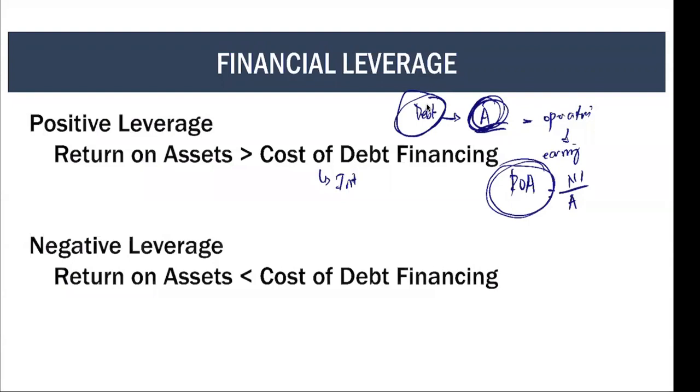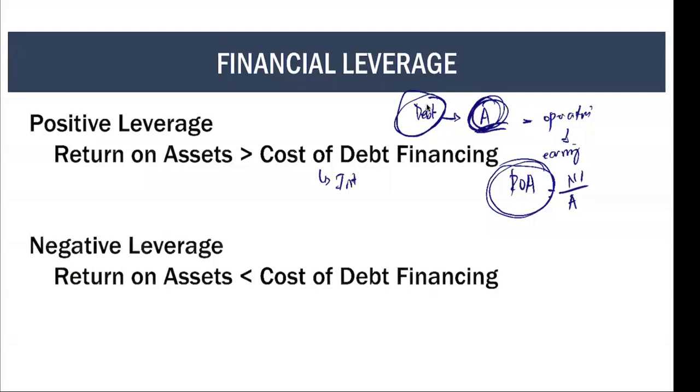Your assets came from your debt, and of course, that asset is financed by that debt. Now, your assets are used for your operations or for your earnings, and to look into whether you really make use of your assets, the main ratio that we look into is return on assets. Now, when we say positive leverage, we look into how much is our income or how much did we maximize our financing.